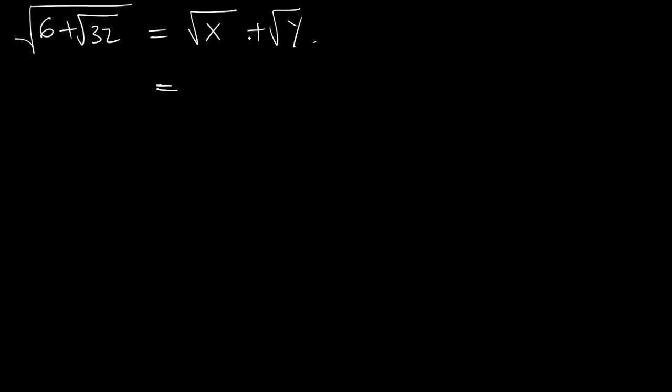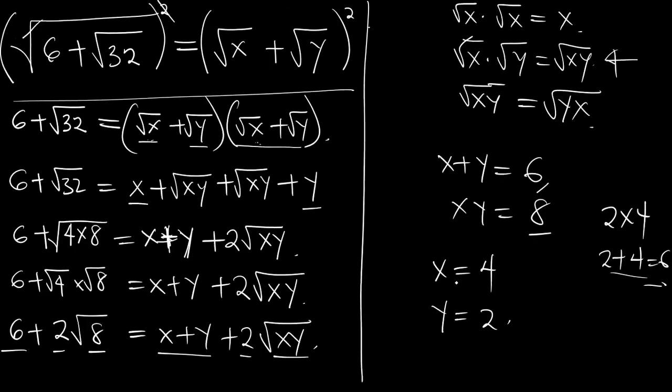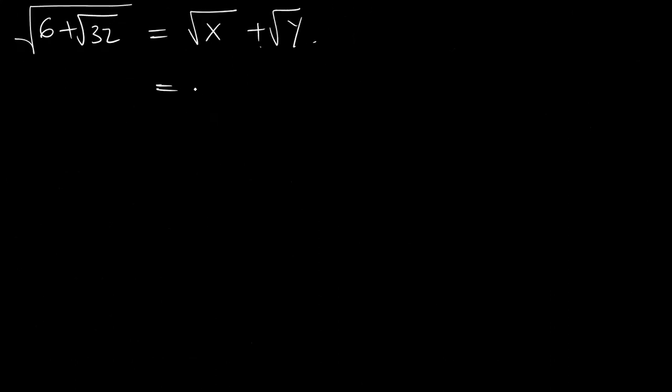But if it is minus, you use the bigger value to be your x and the smaller value to be your y. We use plus here because here is plus. Normally I like to put the bigger value first, that is why I said x is equal to 4, y equal to 2. So now I put x equal to 4 here.